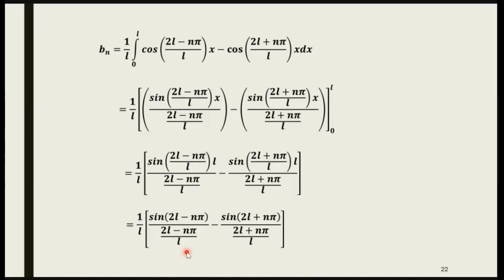So we will use sine of a minus b. Sine of 2L minus n pi is sin a cos b minus cos a sin b, that is cos n pi into sin 2L. Okay, we'll check that.